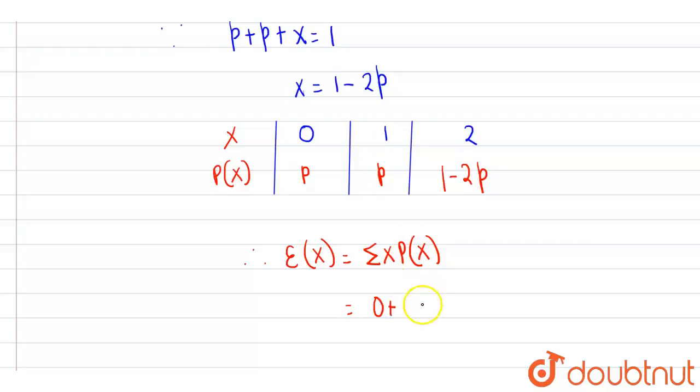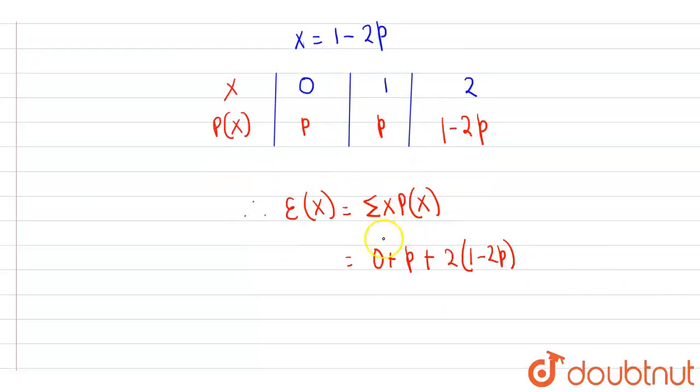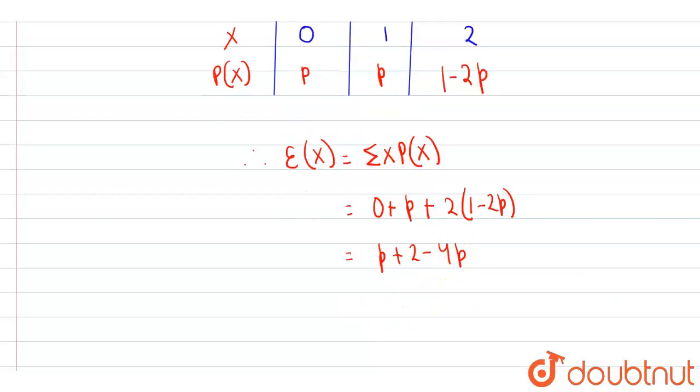Next, 1 into p is p. Next, 2 into 1 minus 2p. Since we have to find the summation, we add all three values. So at last we get p plus, if we open this bracket, 2 minus 4p, so this will be 2 minus 3p. So this is our E of x.